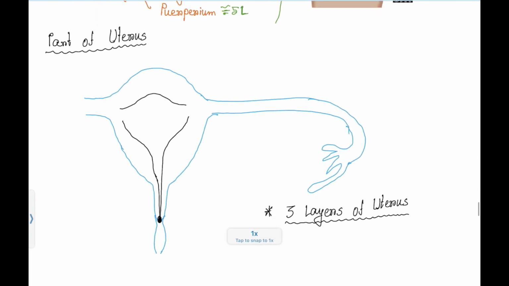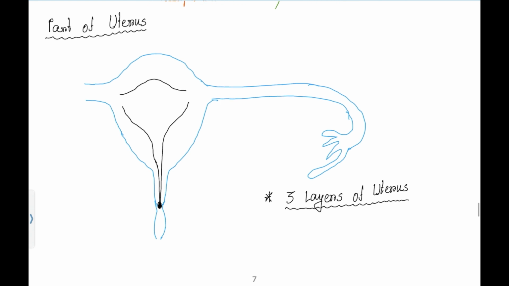Okay, now coming to the different parts of the uterus. Here we will mark the parts. This is the fundus portion. Okay, this is the cavity or body of the uterus.